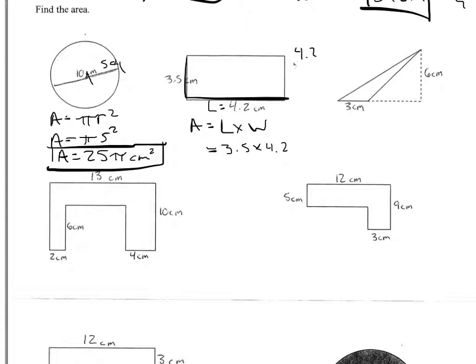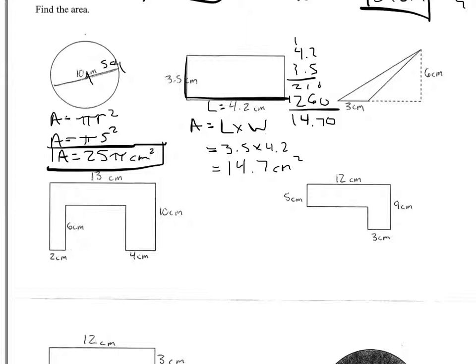So 4.2 times 3.5. We should get 14.7 centimeters squared. Again, squared because we're talking about area.